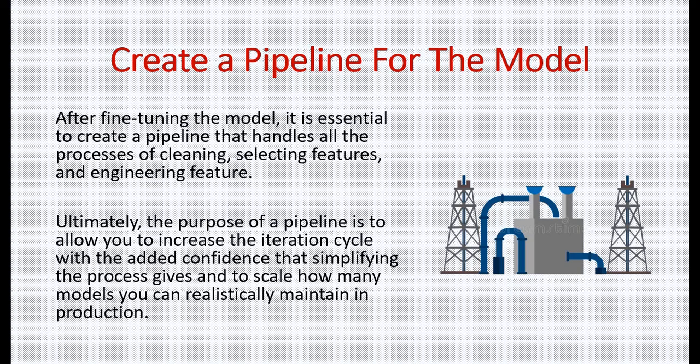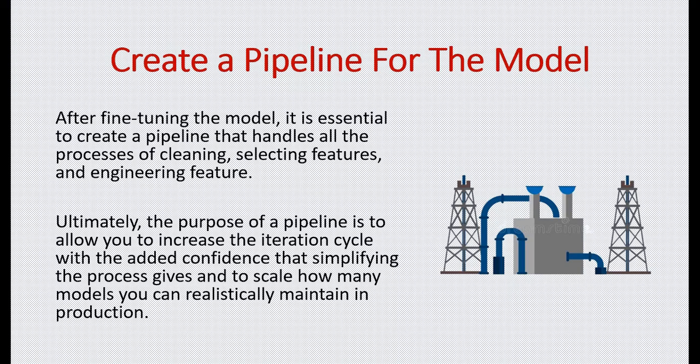So basically, a pipeline is a system that holds the processes of cleaning the data set and imputing values into missing feature columns that might be provided in the data set. For the new data set, it does the function of cleaning it, filling in missing values, and performing transformation, that is, encoding the data set, especially the categorical feature columns, preparing everything for the model and then fitting it into the model.